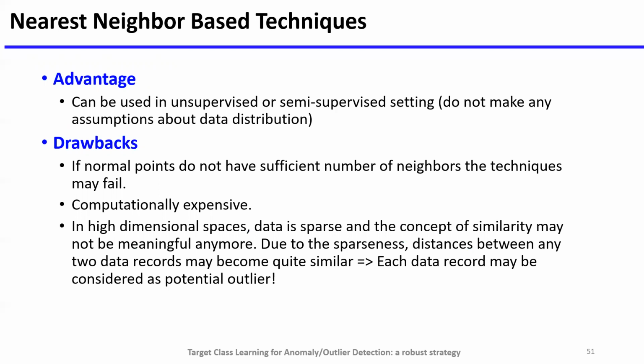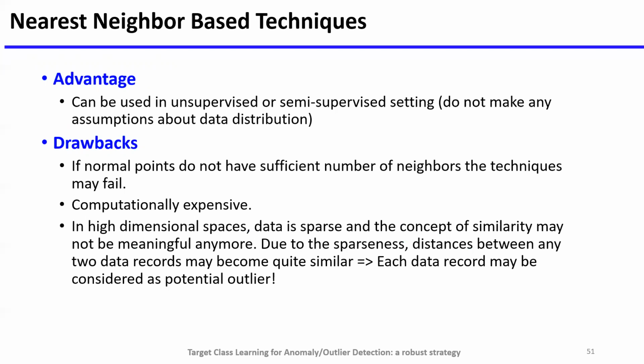If we see the drawbacks, the first is that if the normal data points do not have a sufficient number of neighbors, even though they are normal, they may be identified as anomalies, and it is computationally expensive.